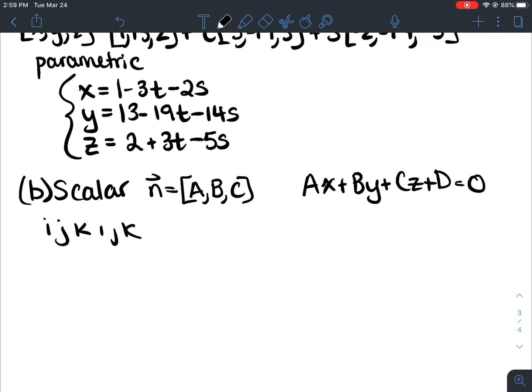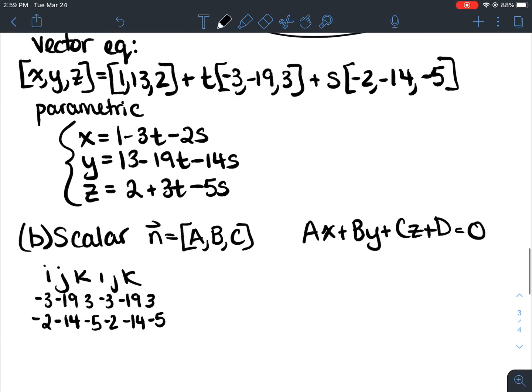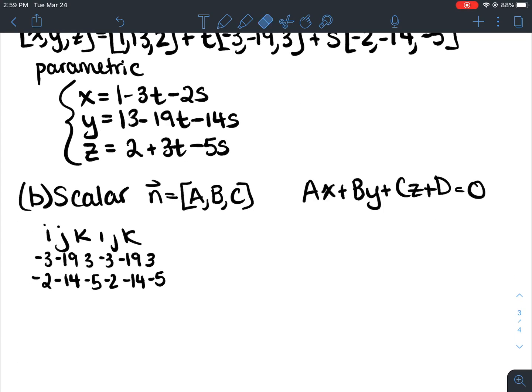Sorry, guys. -3, -19, 3. -2, -14, -5. They're all negative. I could have made those all positive. That would have been cool. Oh well, sticking with my original.